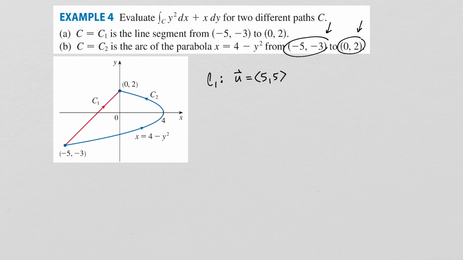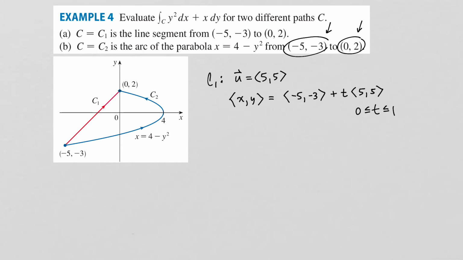And then the parameterization for that line is simply the vector xy equals the initial point, -5, -3, plus t times the direction vector, 5, 5, and we restrict the values of t to be between 0 and 1.